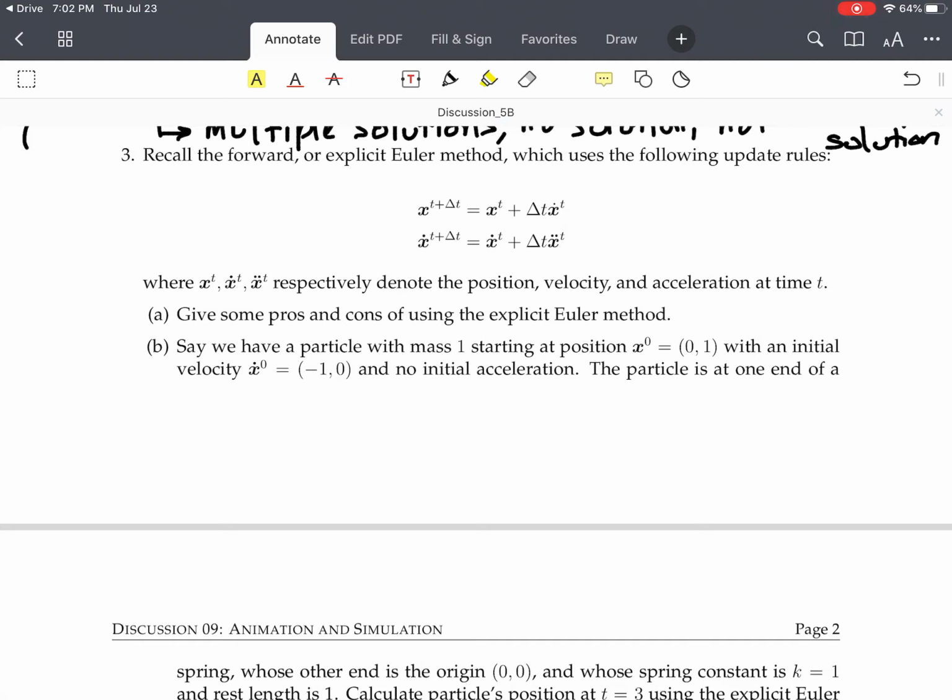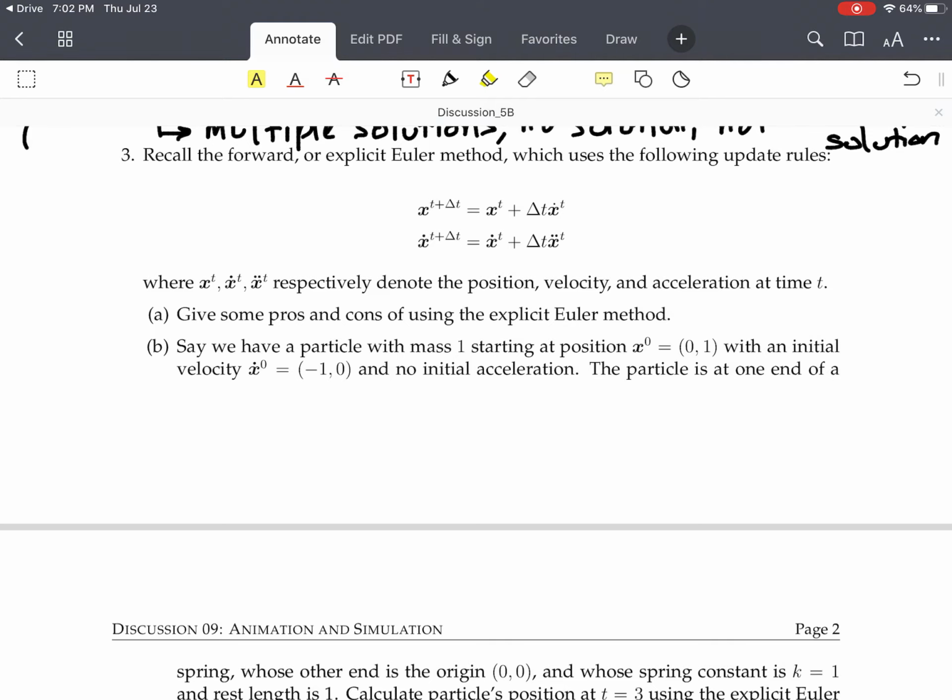And so we generally want this delta t to be small. And the reason for that is because oftentimes the velocity and acceleration are functions of t, right? So they're not constant. But what this rule assumes is that those values, acceleration and velocity, are constant for the delta t period of time.